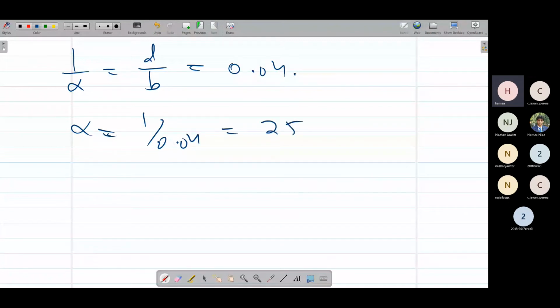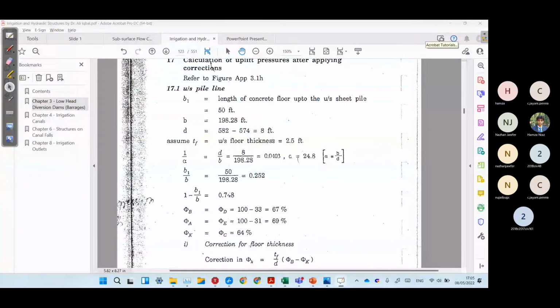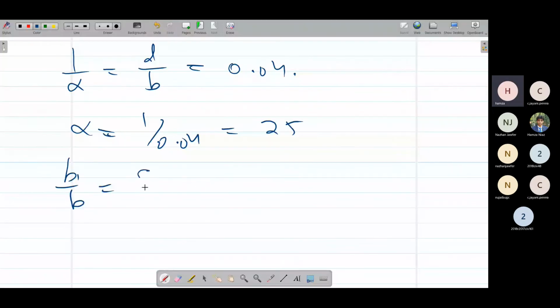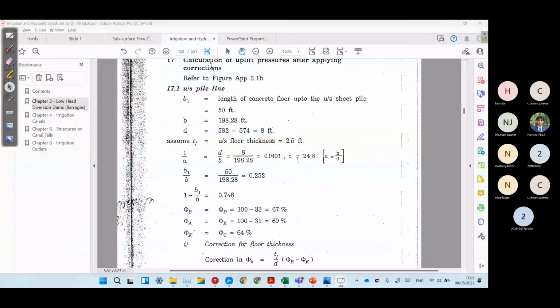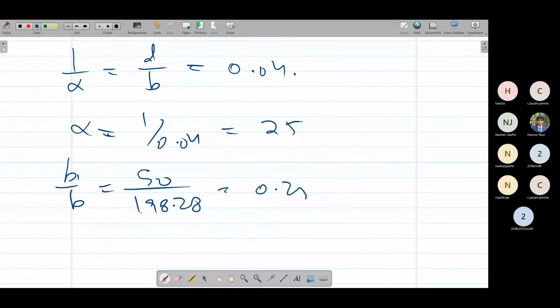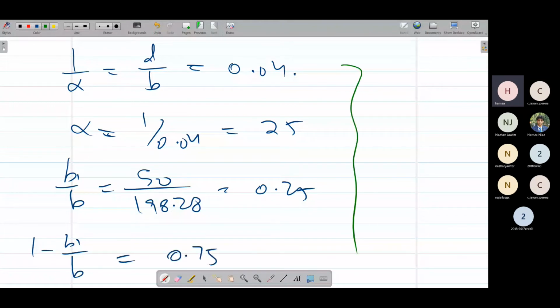And B1 over B is 50 over 198.28, which is 0.25, and 1 minus B1 over B is equal to 0.75. Just calculate these values. We are going to use these values for the graph, so we have to calculate all four values.